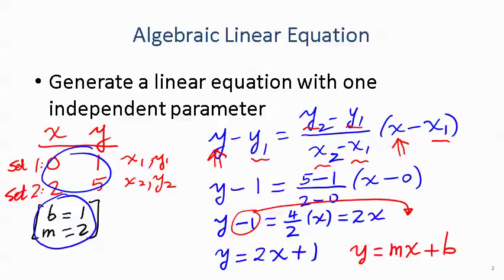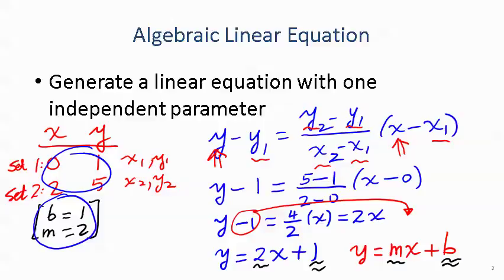We observe that the slope m, which is the coefficient multiplying the independent variable, is equal to 2, and that the y-intercept or the constant b is equal to 1. And these are the same values that we used in finding the points used in evaluating this expression.